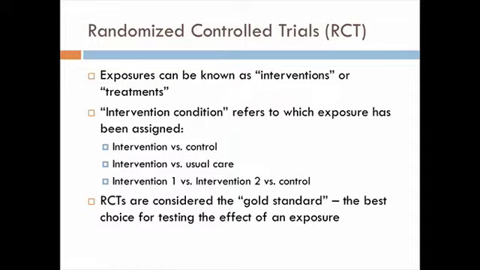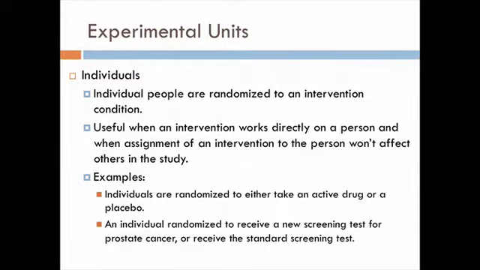And in that case, you can have 3 arms to your RCT. And as I said earlier, RCTs are really considered our gold standard. They're the best choice for testing the effect of an exposure because, again, if you do them correctly, we can bypass a lot of the concerns about bias and confounding that we've been talking about in recent weeks.